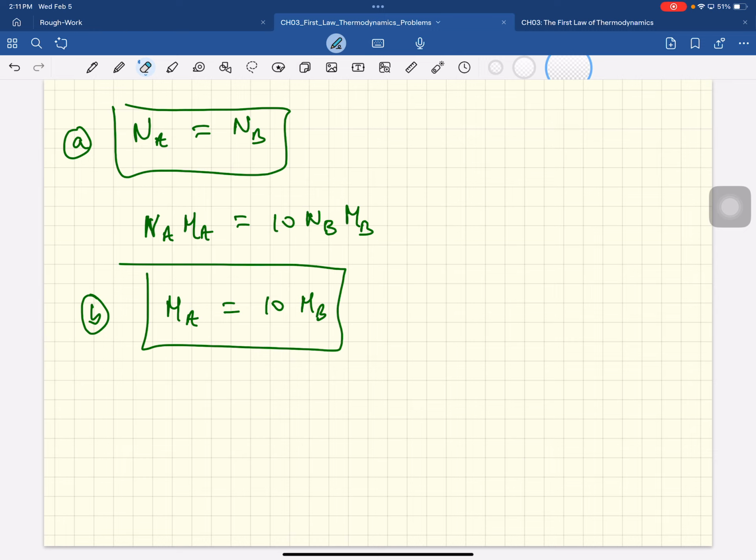So what are the masses? Helium and argon. Helium is 4 units and argon is 40 units. Those are the two gases. All right. We will stop here.